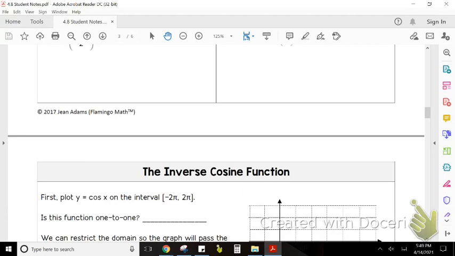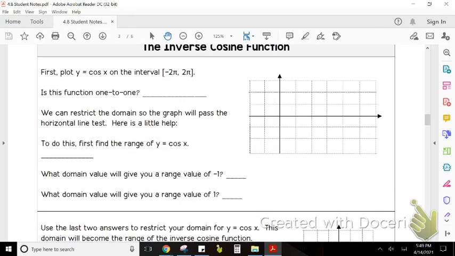Inverse cosine is very similar, so we're going to do the same thing. We're going to plot y equals cosine of x on the interval that they give us there. It may not be negative 2 pi to 2 pi. Remember, cosine of x had a parent table where the x's were 0, pi over 2, pi, 3 pi over 2, and 2 pi. Cosine started at the top, so it was 1, 0, negative 1, 0, 1.